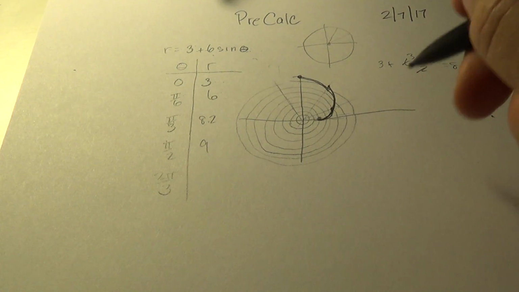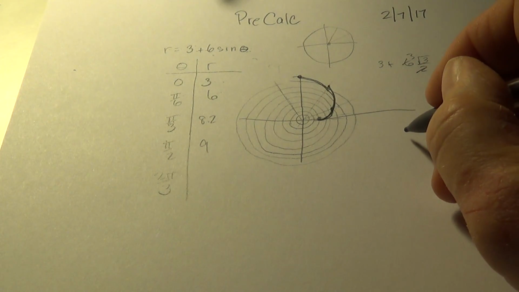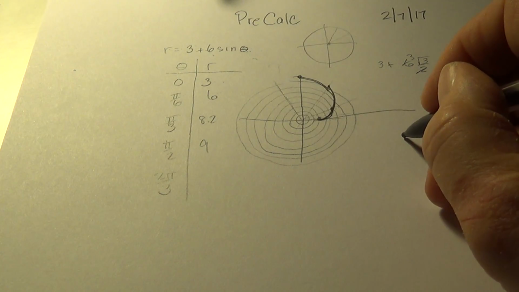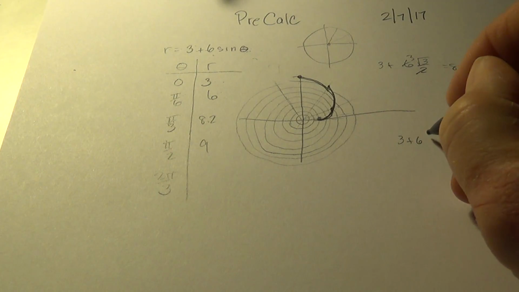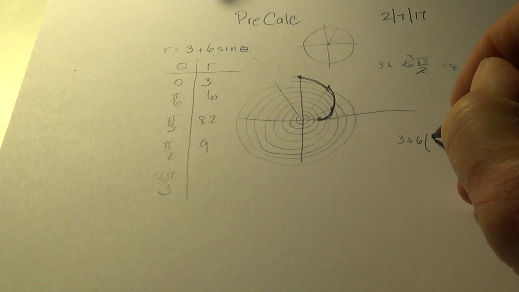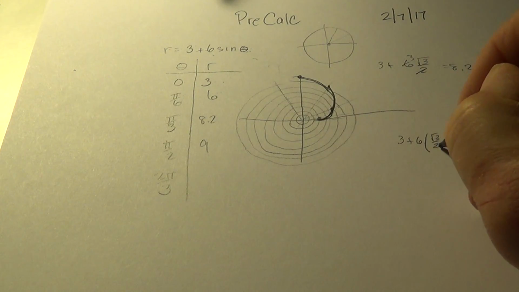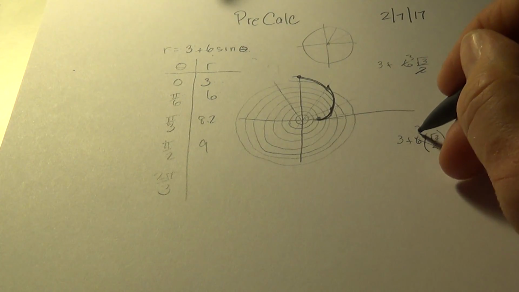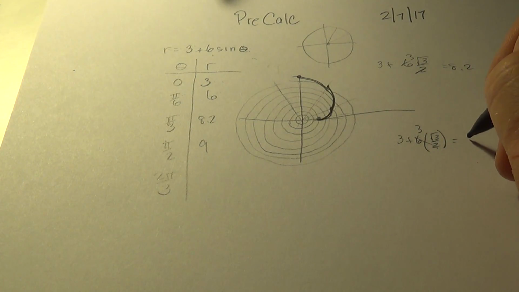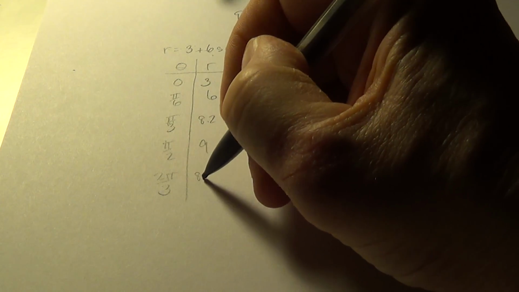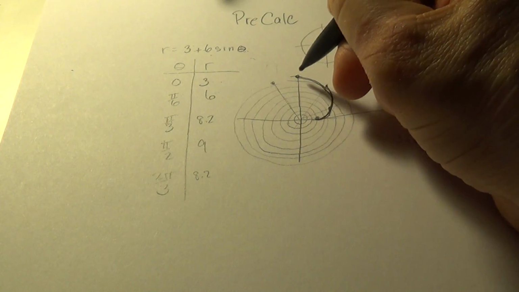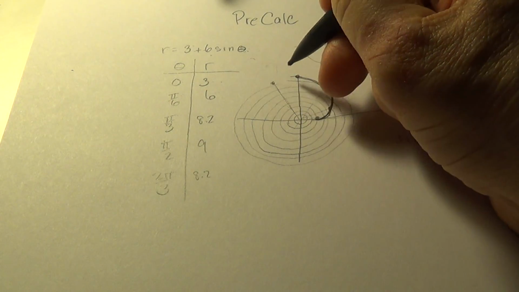I'm just working on my little scrap area here. So I have 3 plus 6 times square root of 3 over 2, which turns out to be 3 plus 3 square roots of 3 over 2, which is my 8.2 again. So at this angle, I'm back to here. So that was 8 and a little more.